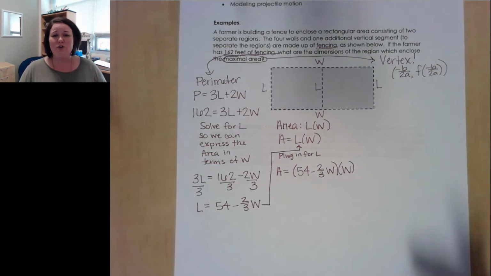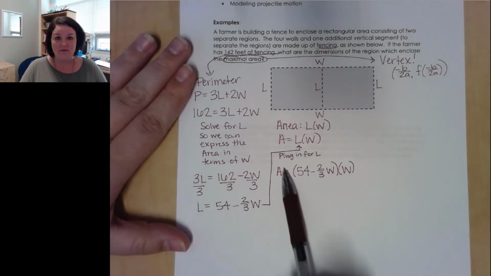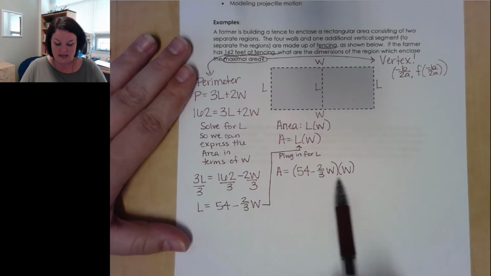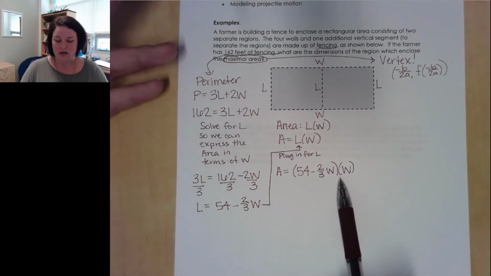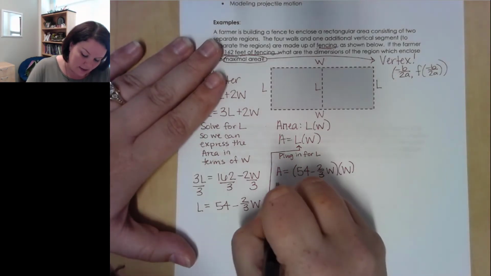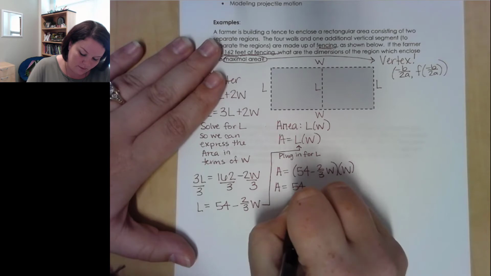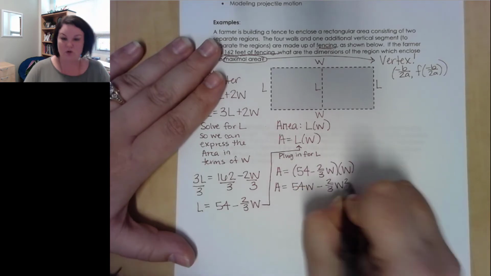Okay, so you may not think this is looking better, but it is, because now notice we have the area is equal to this, given that we have a width to plug in, right? So I'm going to go ahead and just distribute this W. So this tells us that our area is equal to 54W minus 2/3 W squared.